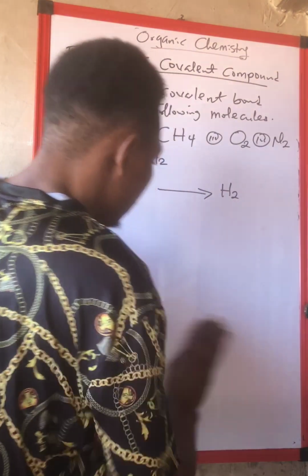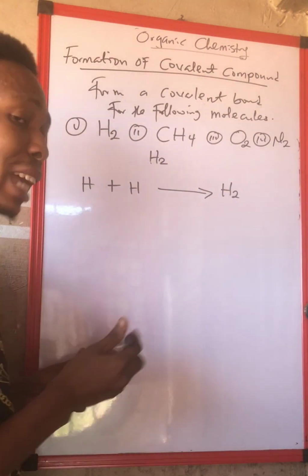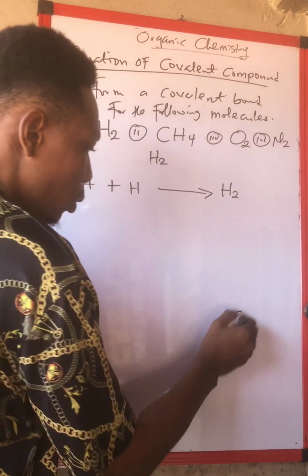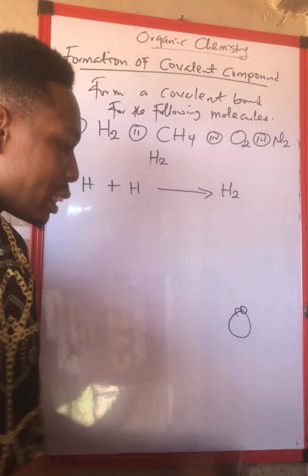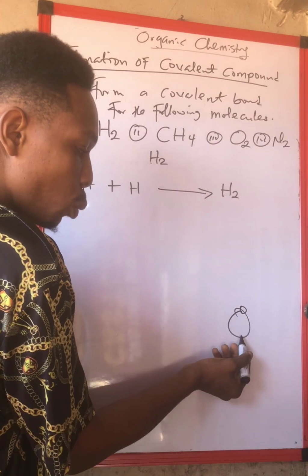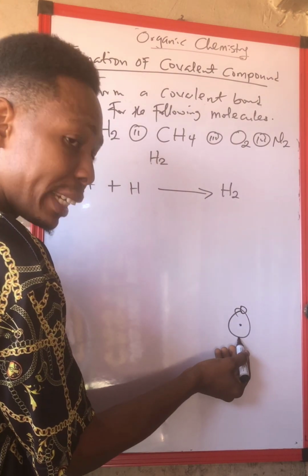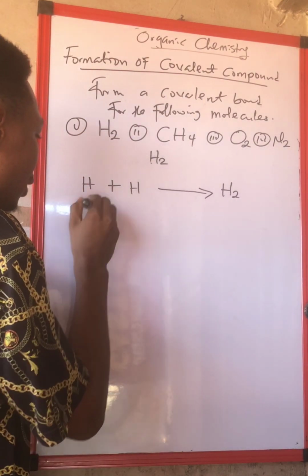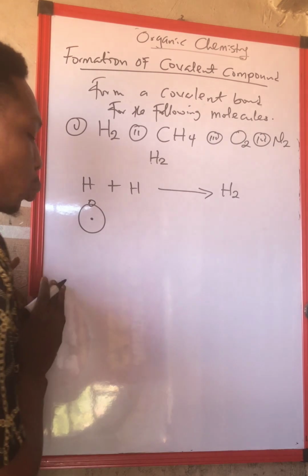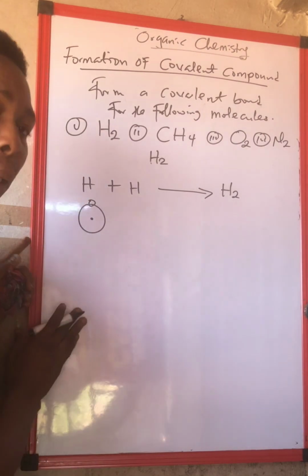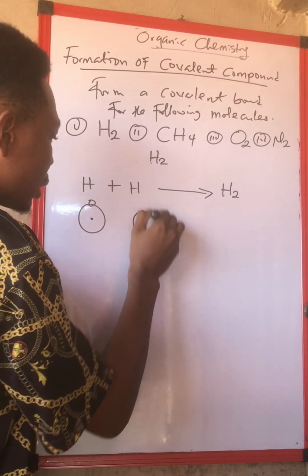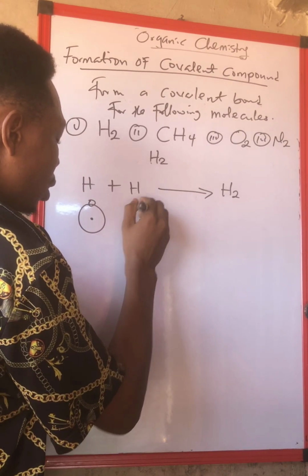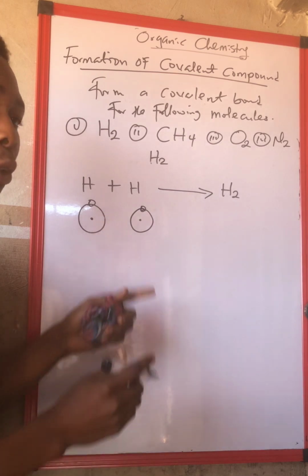Now, we have hydrogen. Hydrogen is just number one in the periodic table, so it has just one electron. That means it needs one more to complete its duplet shell. The first hydrogen has one electron and needs one to complete, and this other one also needs one to complete.